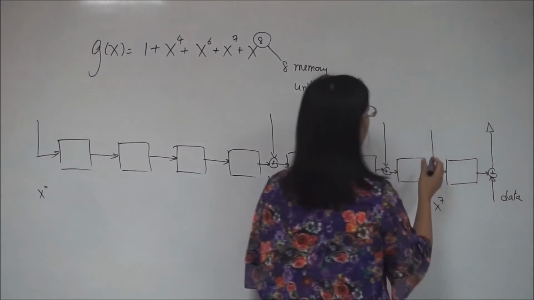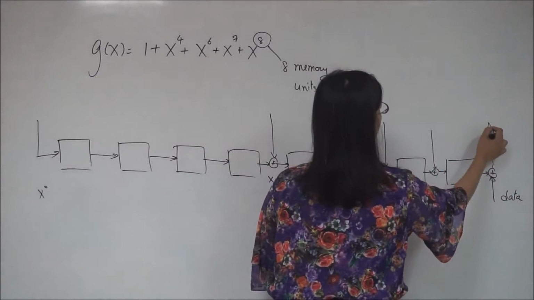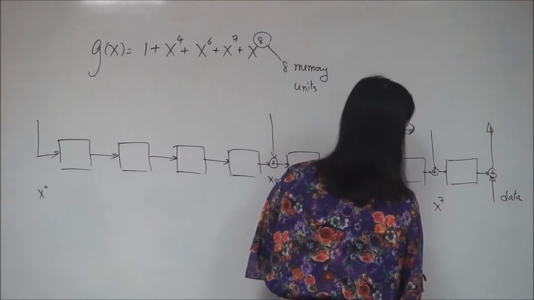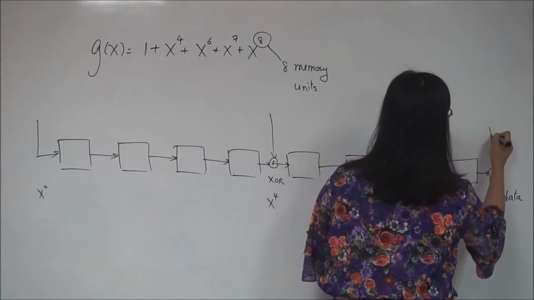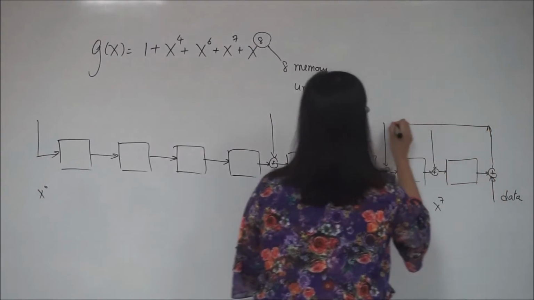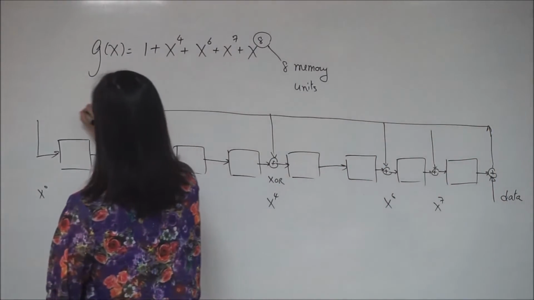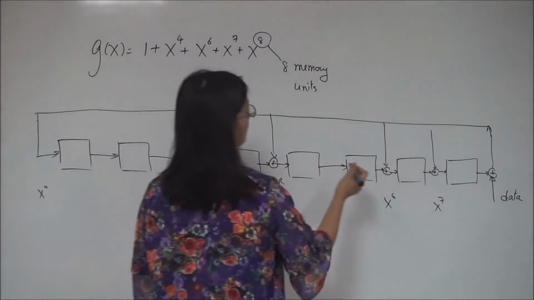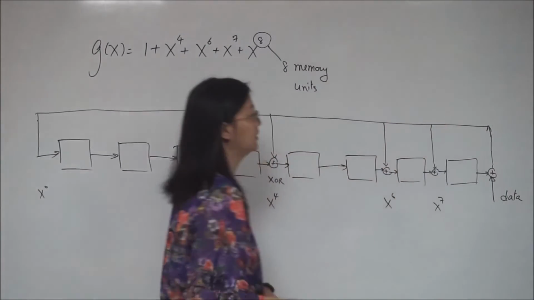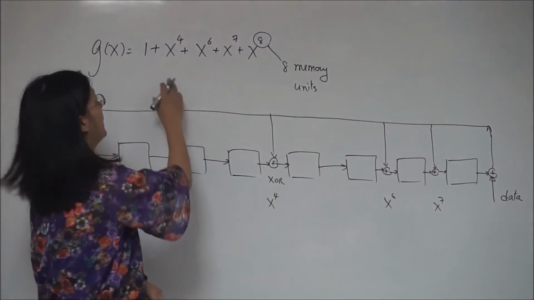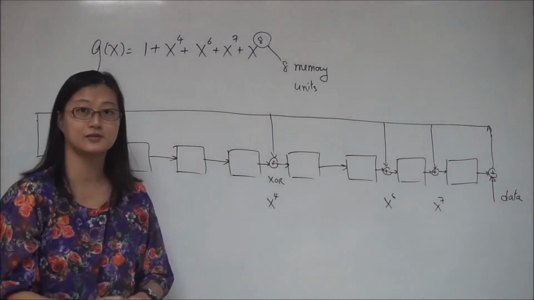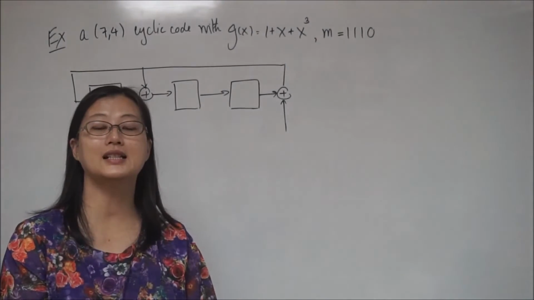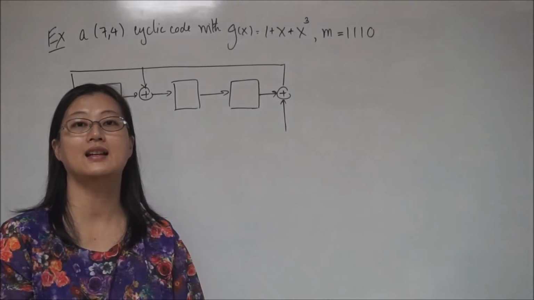So 1 plus 1 here becomes 0 in this modulo-2 addition. So 0 over here, 0 getting in, you get 0 here. This one coming out a 1, 1 plus 0, you get a 1 here. 0 coming out, you get a 0 here. So this one coming in, you get 0, 1, 0 inside the circuit.